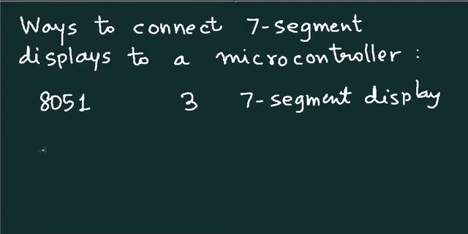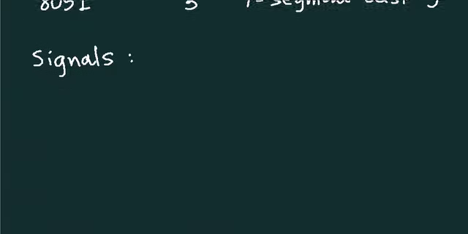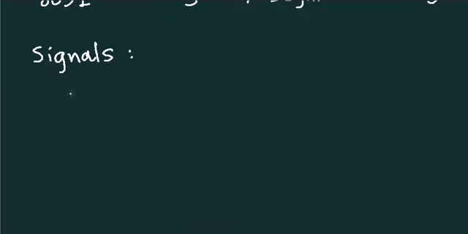The signals involved in connecting 7-segment displays to a microcontroller are two signals. The first signal is the segment data lines.